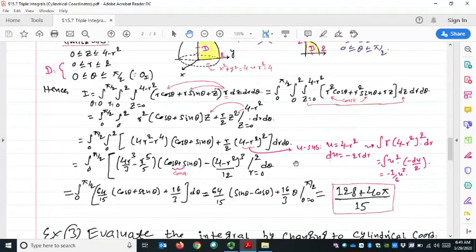Put u equals 4 minus r square, then its derivative du is negative 2r dr. Then this r integral reduces to the u integral, where 4 minus r square is u square, times r dr. r dr is negative du over 2. And then the integration of u square becomes u cubed over 3. 3 times 2 is 6, and this minus as it is.